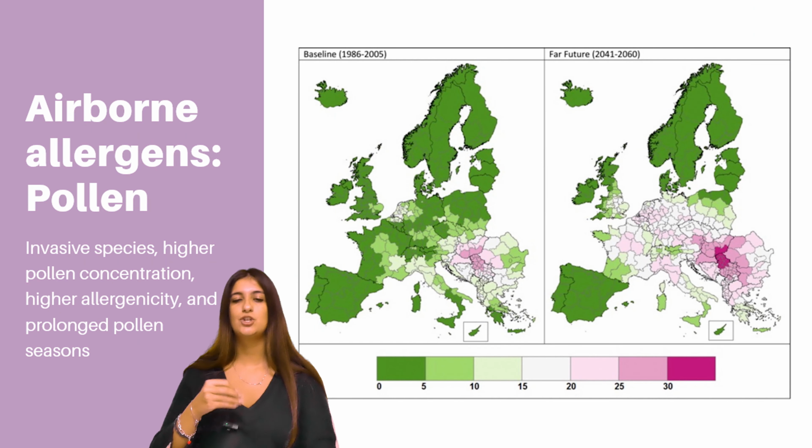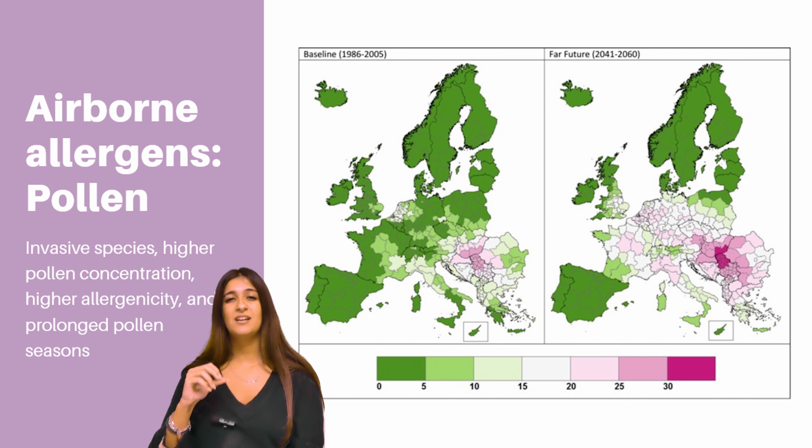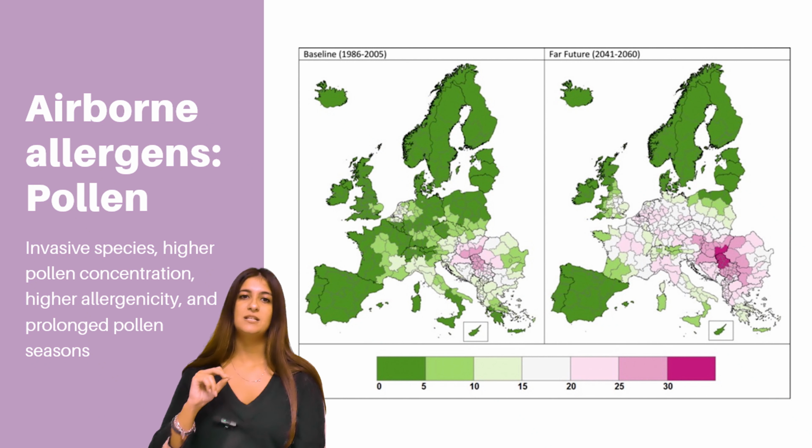Environmental changes, such as rising temperature and the spread of invasive species like ragweed, have the potential to increase airborne allergens, notably pollen. The maps displayed on this slide illustrate the percentage of the population sensitized to pollen. The future scenario depicted on the right assumes only moderate greenhouse gas emissions, implying a reduction in emissions.